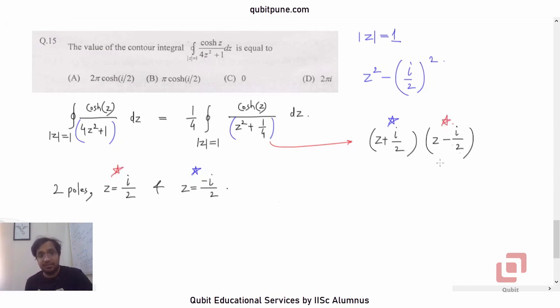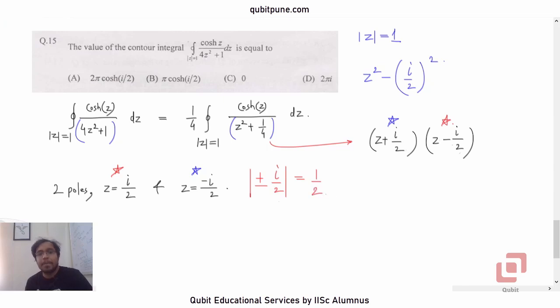The next part is to check which one of the two poles, or both of them, lie inside or outside mod z equal to 1. So what is their relative position with respect to our contour of integration? And it is very easy to check. If we try to find out the absolute value or the modulus of I by 2 or minus I by 2, then this will turn out to be half.